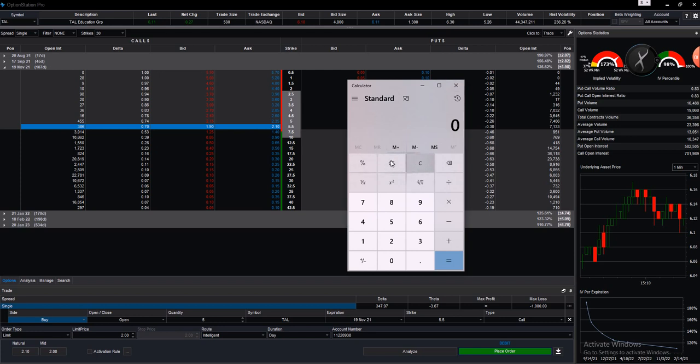Okay, so let's go heavy, guys. Let's do 100 shares at 200 each option contract. We're gonna go in for $20,000 investment on this example for 100 shares.